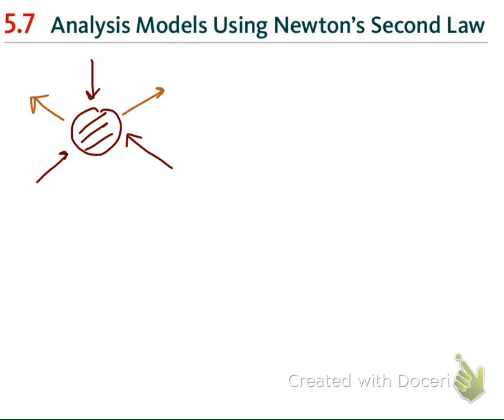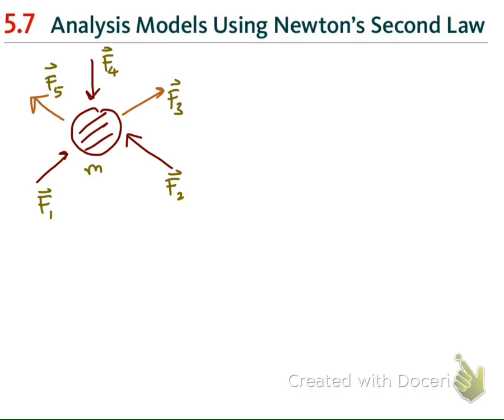Okay, we have these forces, maybe this is F1, F2, F3, F4, F5, and maybe more, and the mass of the object is m.